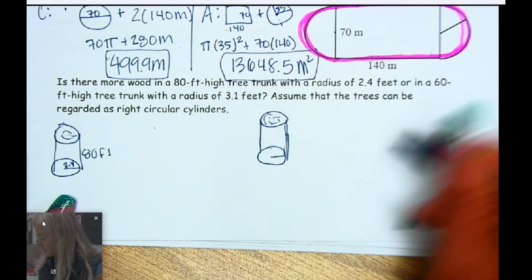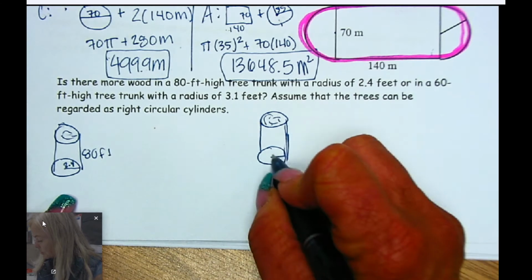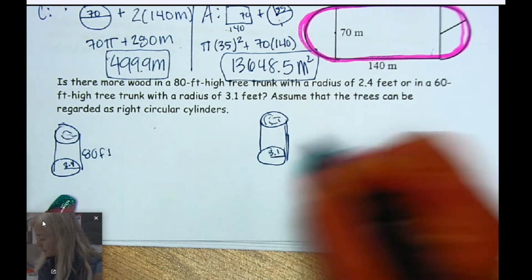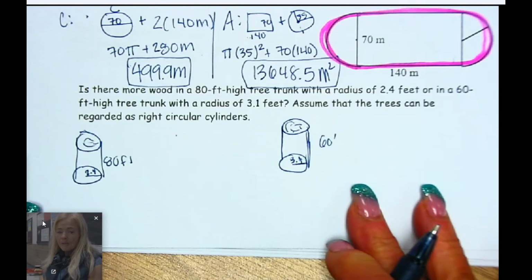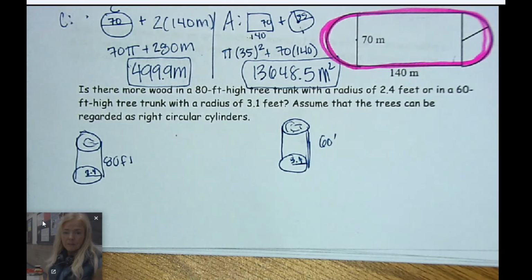But the radius here is 3.1 feet, and then the height is 60 feet high. All right, so we have those two tree trunks. We're trying to figure out which of the two have more wood in them.